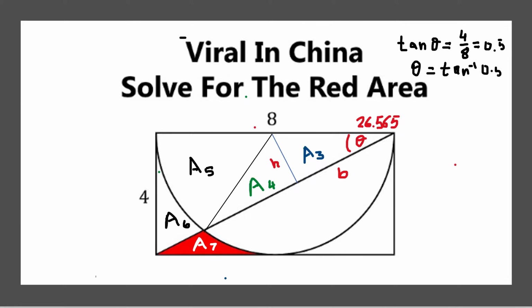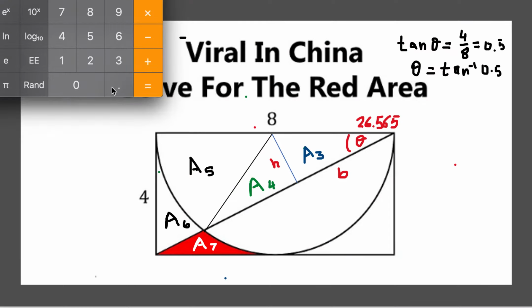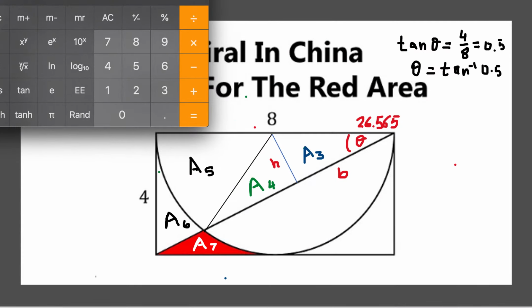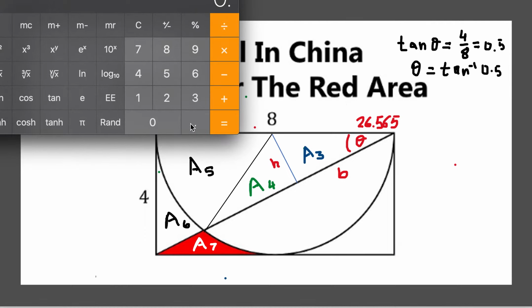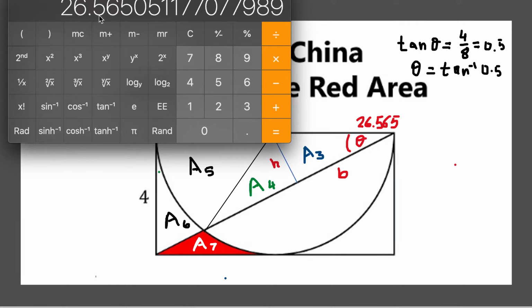Let's take a calculator, and when we plug it in, we get 26.565. So we already have it here.